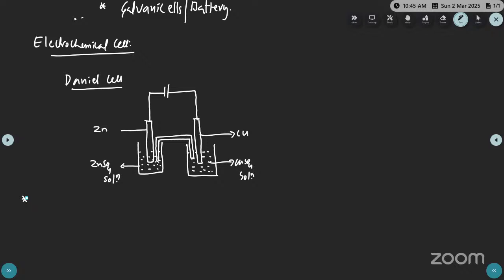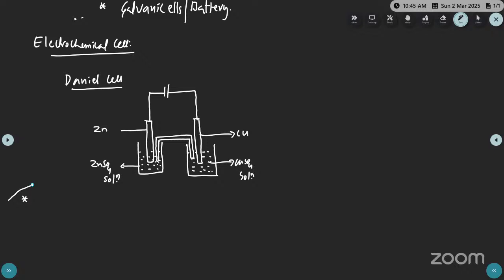We can say on the basis of their potentials. Every electrode, every metal rod, has some potential. Based on the potential, we can say which electrode acts as anode and which acts as cathode.